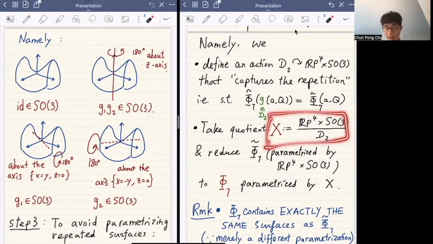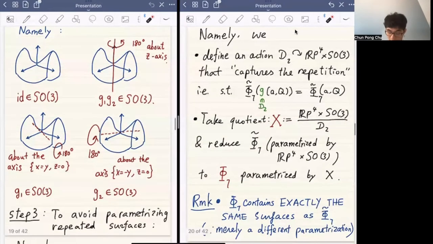So this new space X is the quotient by that action. This reduces the family phi 7 tilde to a more efficient parameterization, denoted phi 7. Note that phi 7 contains exactly the same surfaces as phi 7 tilde. It's just a more efficient parameterization.